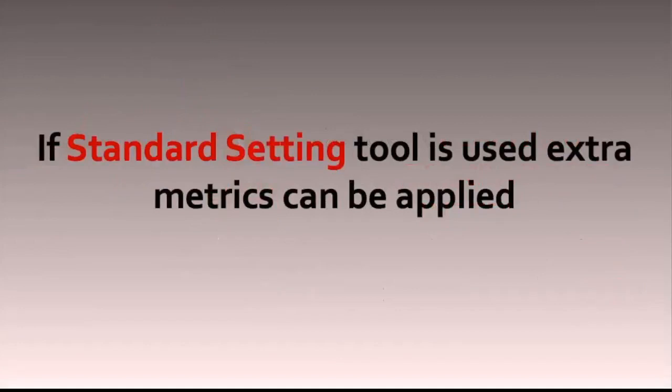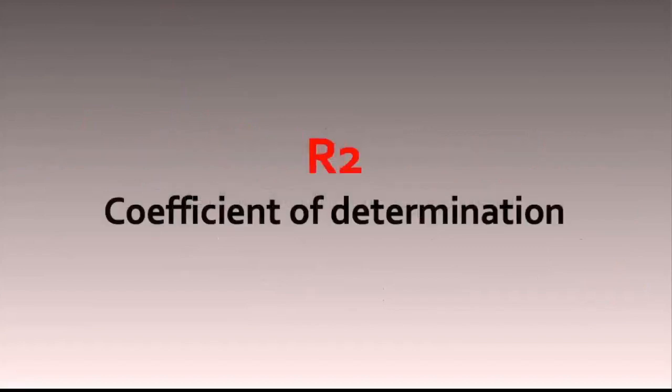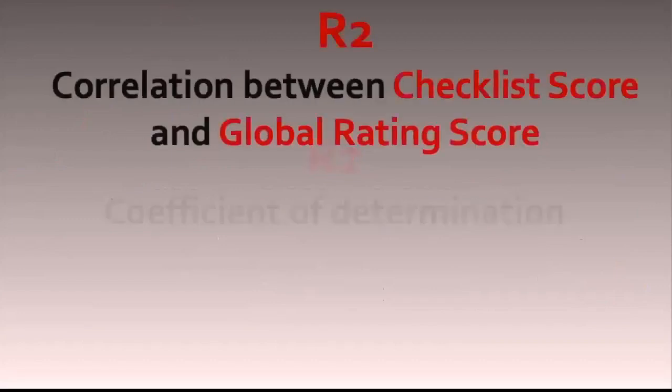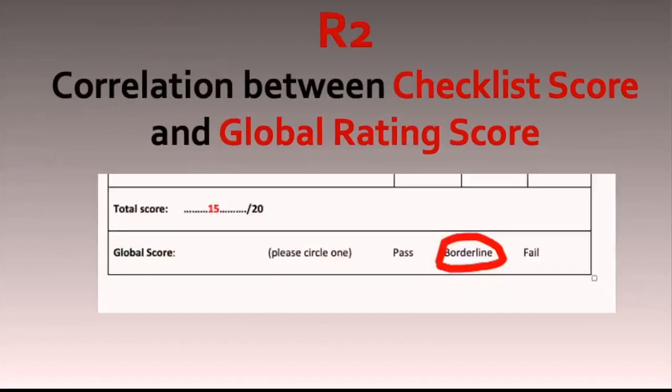Further quality metrics can be applied if we're using a standard setting tool. The coefficient of determination is a very helpful metric that we can use. It is simply a correlation between the checklist score and the global rating score.